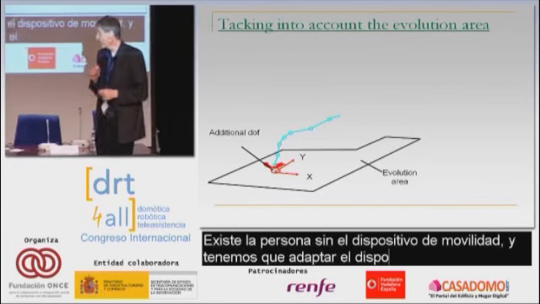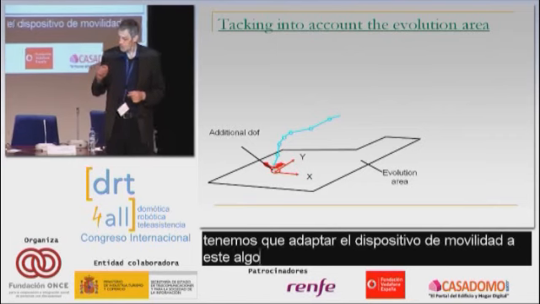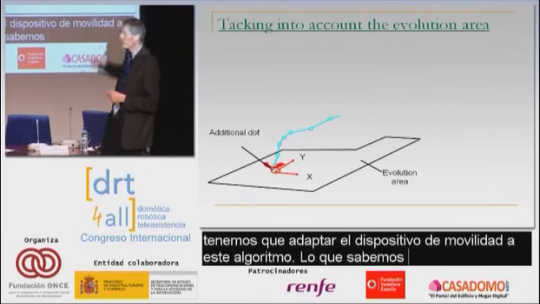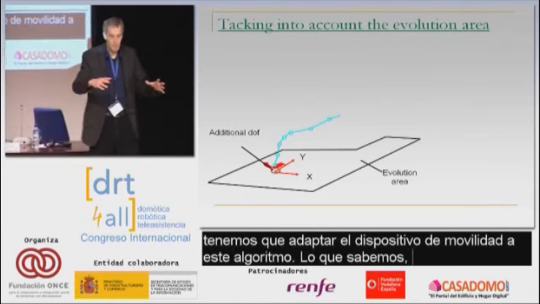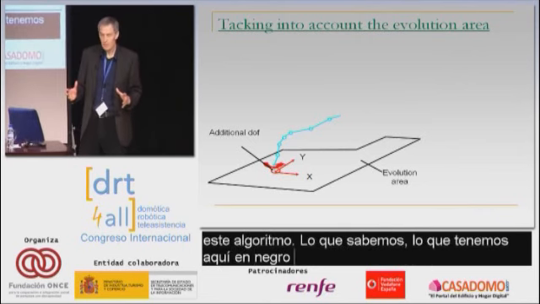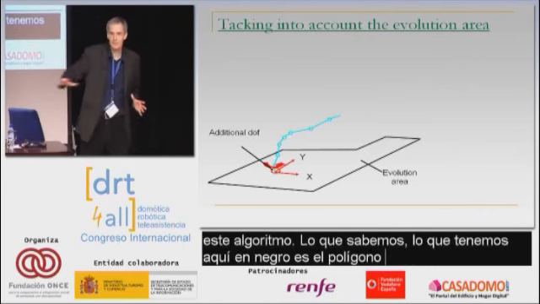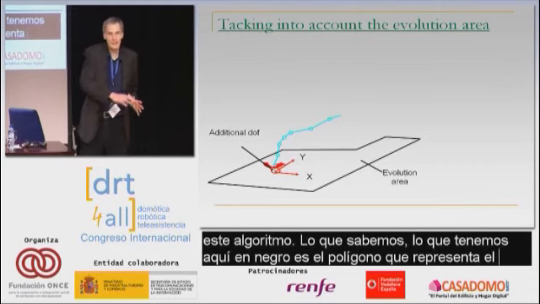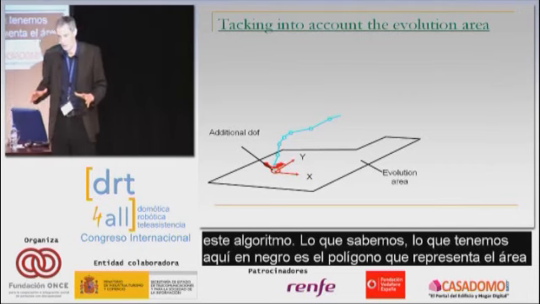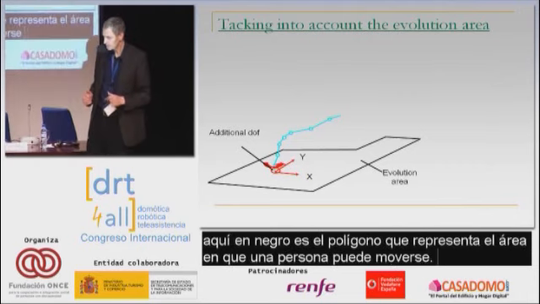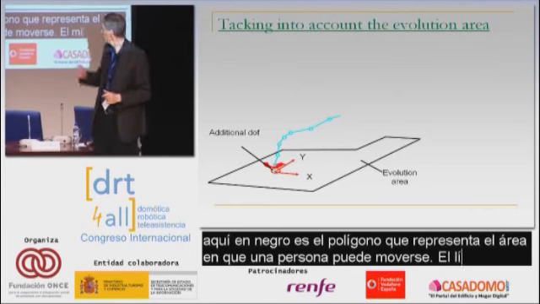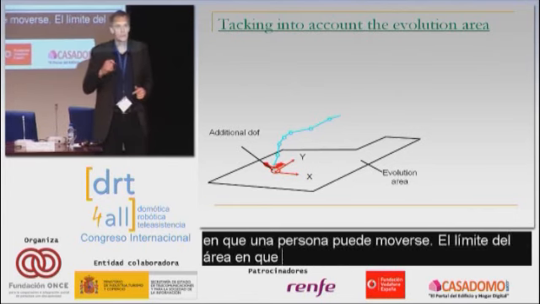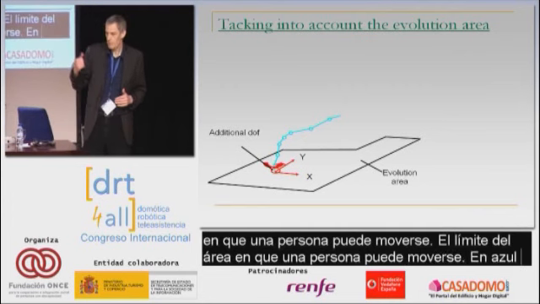In black here, we have the polygon which represents the area the person can move in, the limit of the area. And in blue, you have the model of the person.